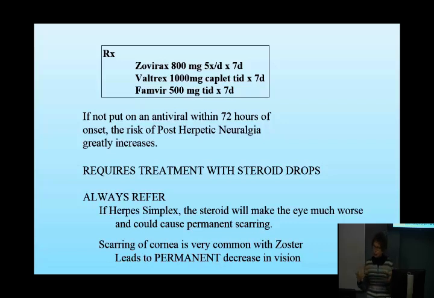Once you see their eye getting better, I usually have them take it a couple times a day for 4 or 5 more days, depending on how their eye looks. The Zirgan, because it's a thicker drop, is more of a 3-times-a-day medication. Even though it has a longer shelf life, because it's so expensive, a lot of pharmacies don't carry that either. And as long as they're waiting 24 hours, you may as well be friendly to the patient and give them a drop that's a little more economical.